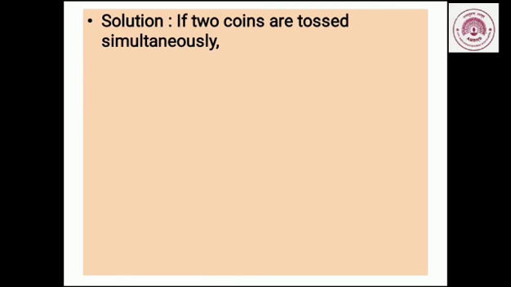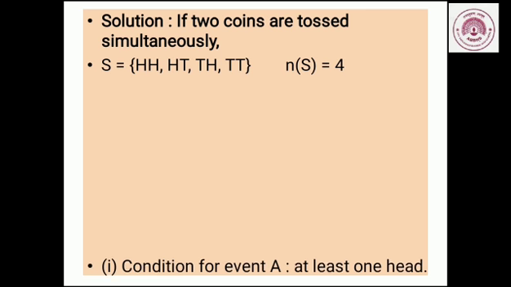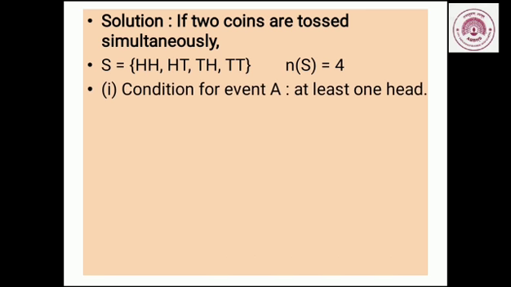Solution. If two coins are tossed simultaneously, then sample space S is equal to {HH, HT, TH, TT}. So number of sample points is n(S) equals 4. Now the first condition is for event A. So here the condition is at least one head.